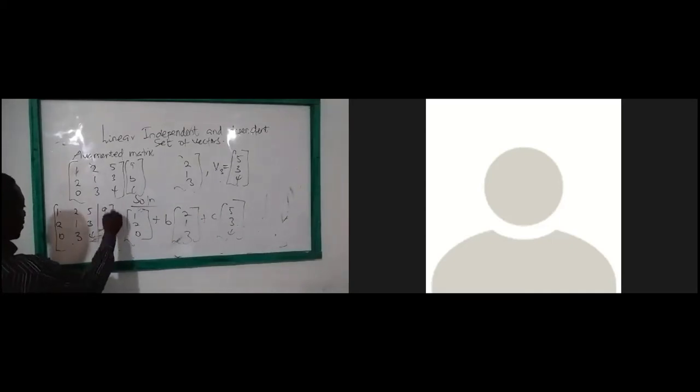So it's going to be 1, 2, 0, 2, 1, 3, 5, 3, 4, then A, B, C.